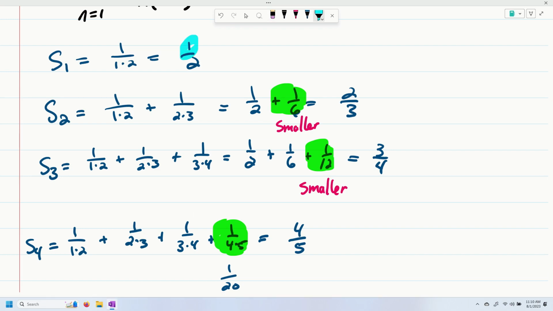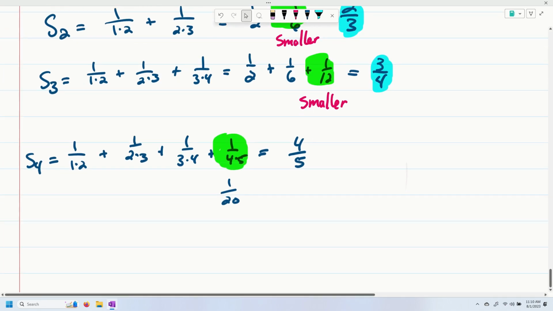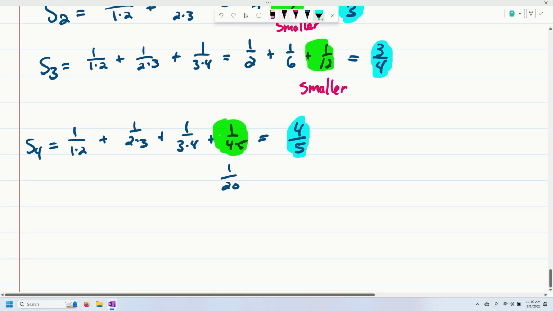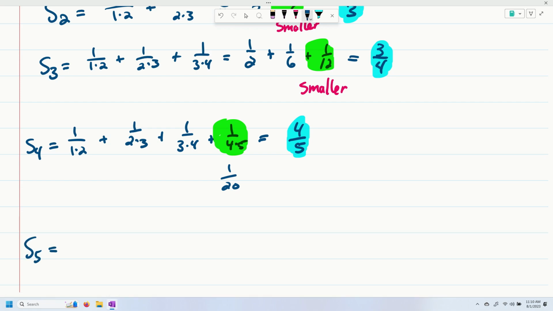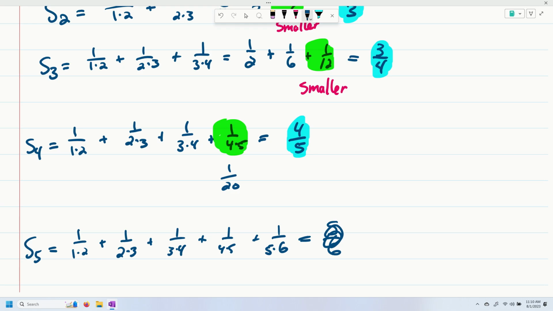Here are the partial sums: 1/2, 2/3, 3/4, 4/5, and we'll do one more. Notice here we just added 1/30th, but this ends up equaling 5/6.